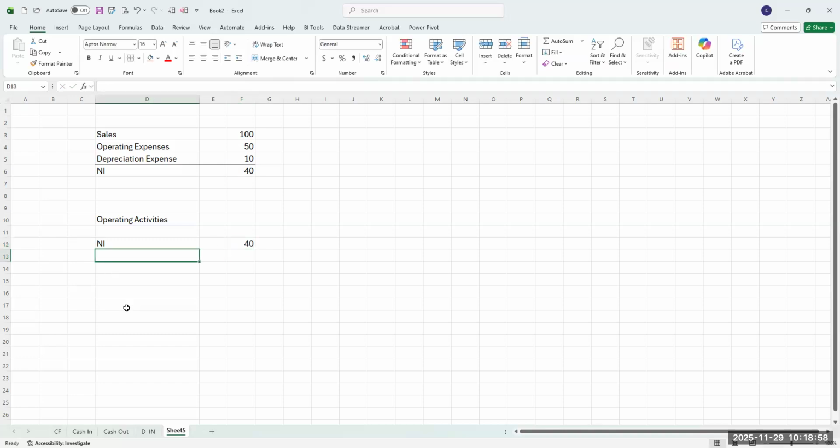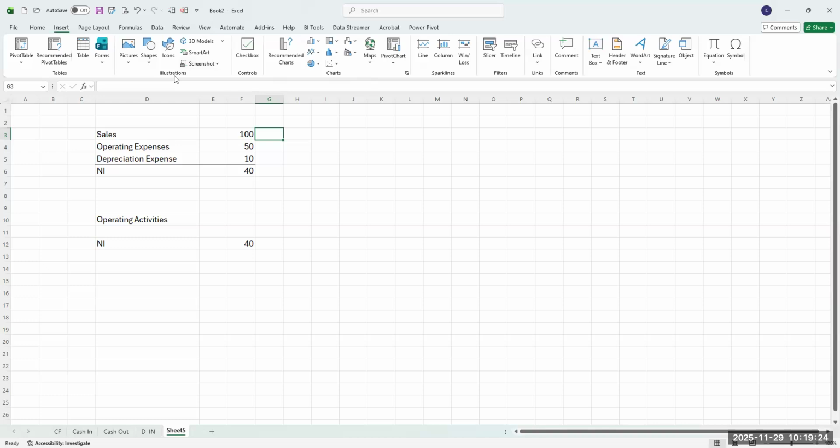Okay, fine. But then I'm asking myself a question: is there anything in those expenses or sales which has no relation to the cash? And the question says all the sales are cash. Okay, fine. So there's nothing non-cash here. So this one is fine. This one is check. Let's insert a check mark. I'm looking for symbols.